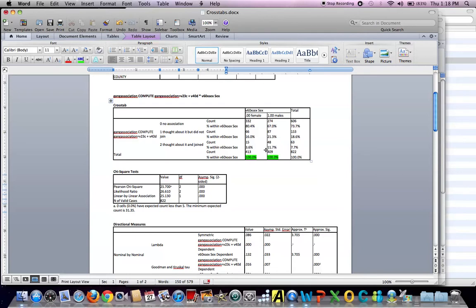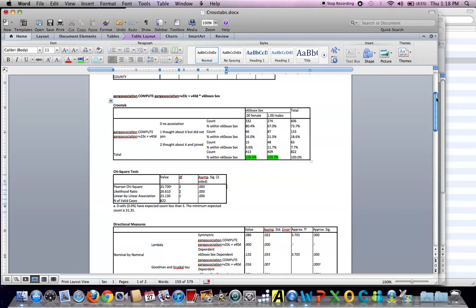Our 100% are located in the bottom row of our columns, so you would assume that sex or gender is our independent variable, which makes gang association your dependent variable. So follow those 100%, and that will show you your independent variable, and the opposite of that would be your dependent variable.